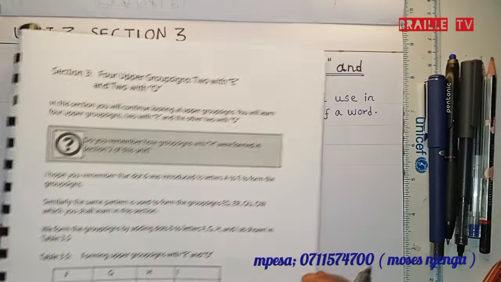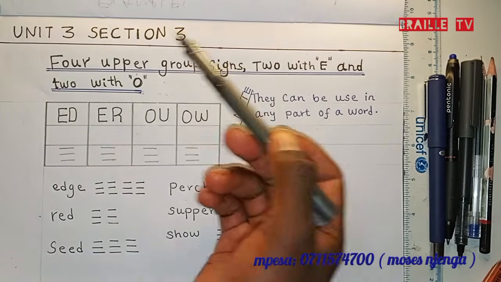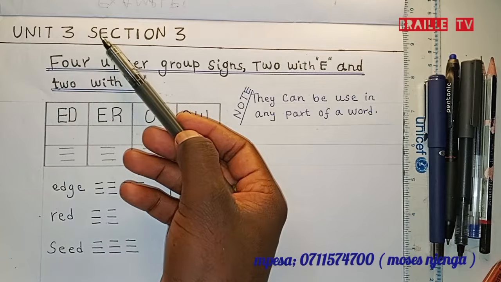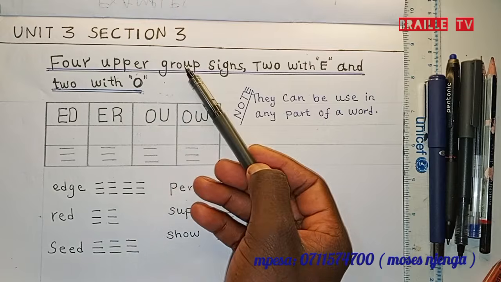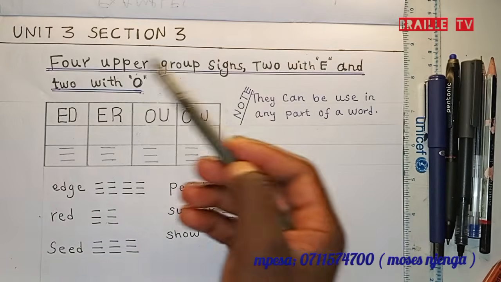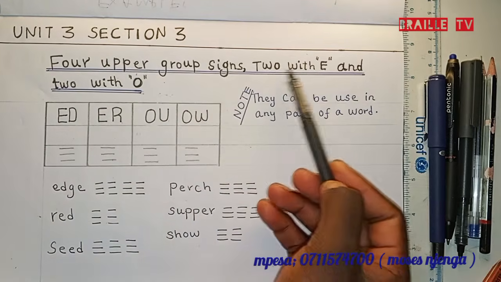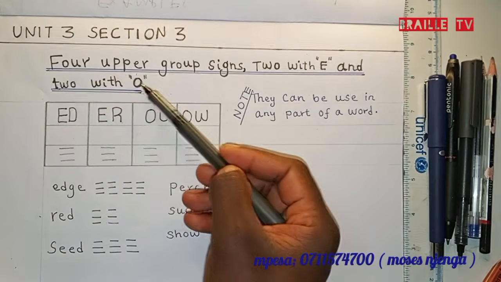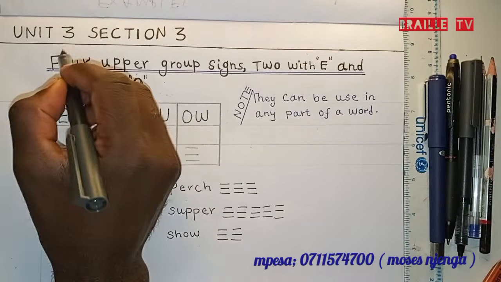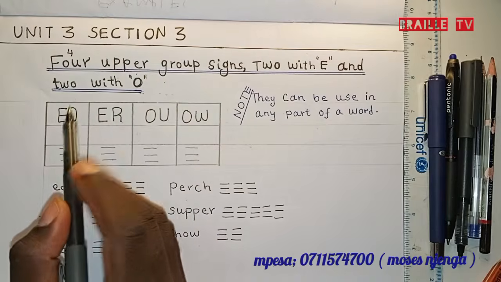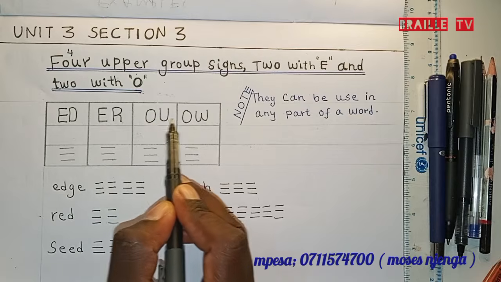Now, I have written them. They are here. Remember I said we are in unit 3, section 3, and we are looking at 4 upper group signs, 2 with E and 2 with O. They are 4 of them: ED, ER, OU, OW.